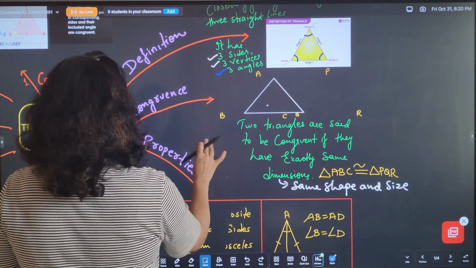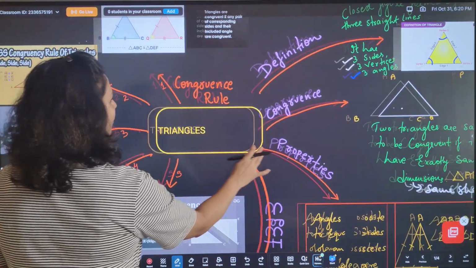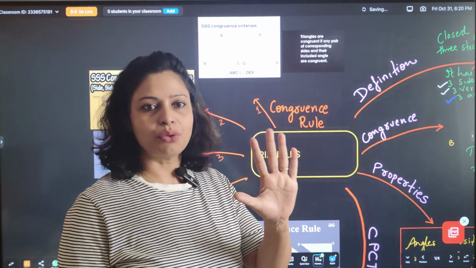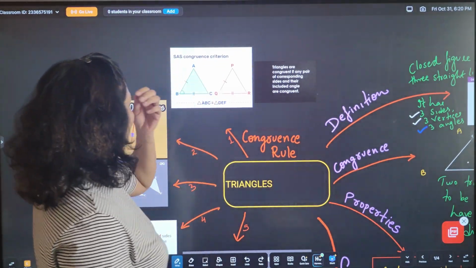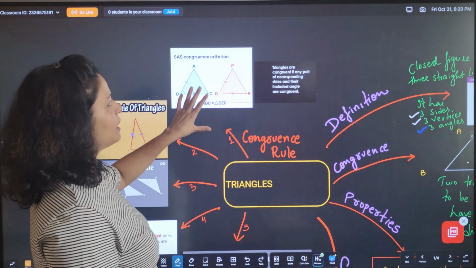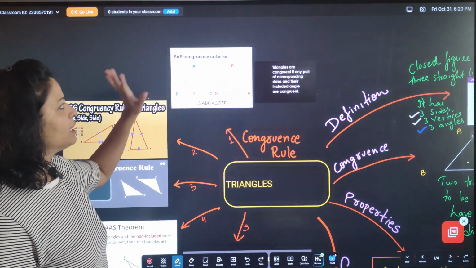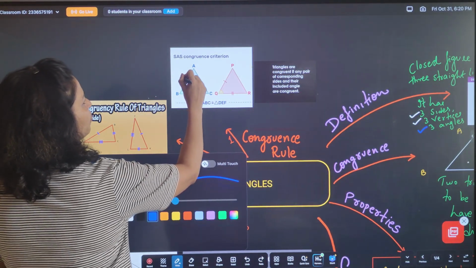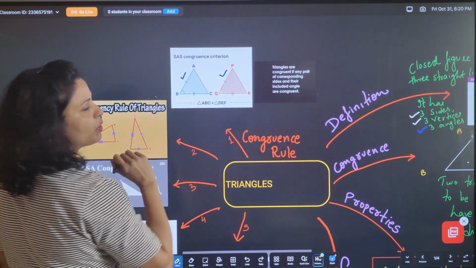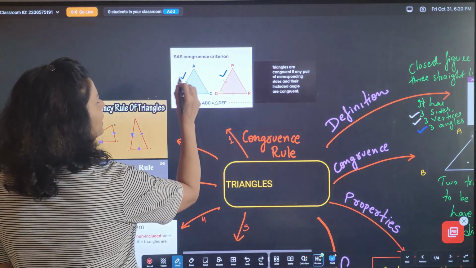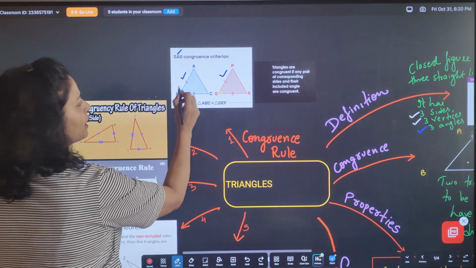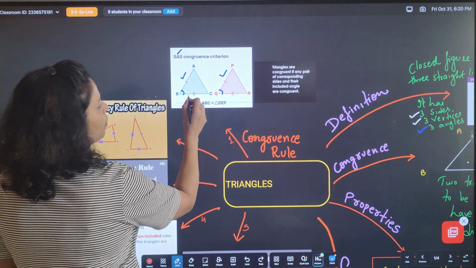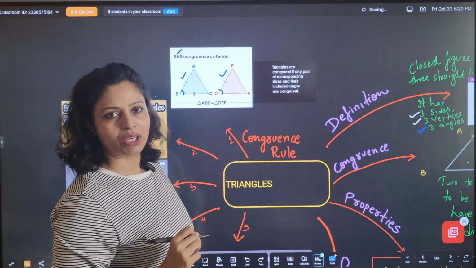After that we studied the congruence rules. We studied 5 congruence rules. Number one we studied was SAS congruency, which says that the triangles are said to be congruent by the SAS rule when one side is equal to the corresponding side of another triangle, the included angle, the angle A, is equal to the corresponding angle of the other triangle, and the third side, one of the sides, is equal to the corresponding side of another triangle.